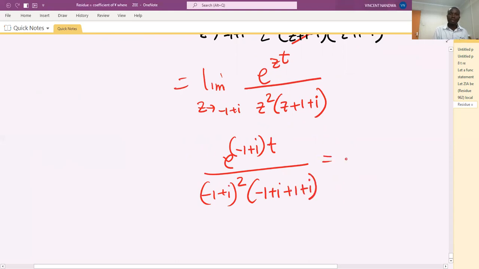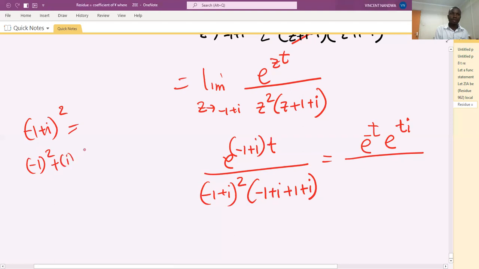And you see this can be written as e raised to the power minus t, e raised to the power ti. And (-1 plus i) squared is the same as (-1) squared plus i squared plus 2 times -1 times i, which is 1 minus 1 minus 2i.